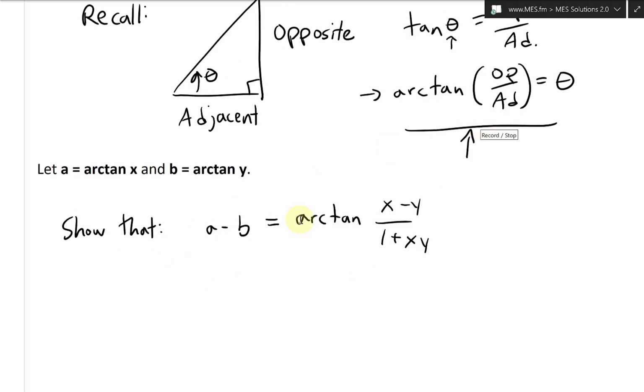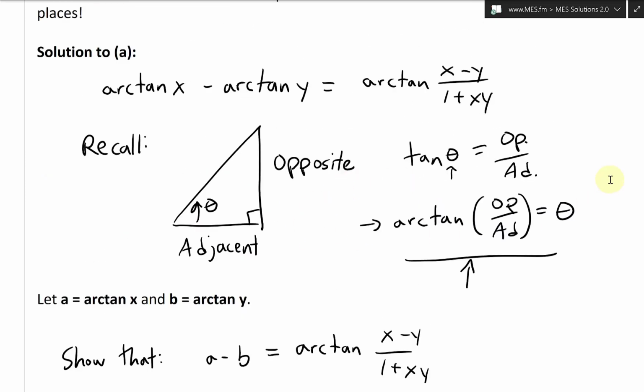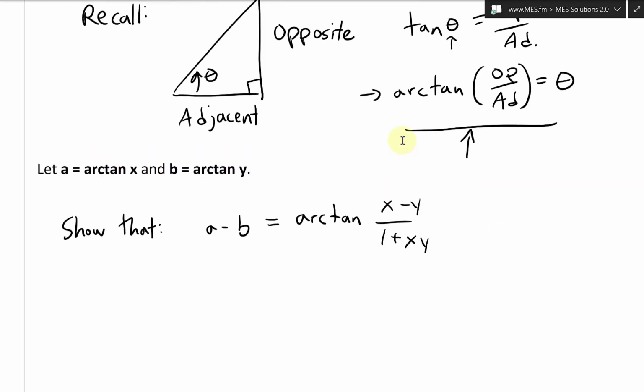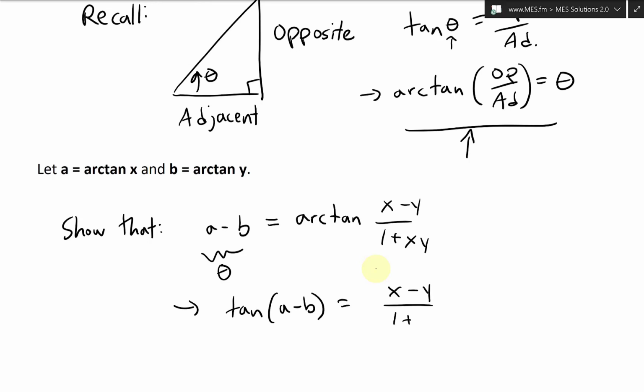And now if we compare what we're asked to show with this right here, we could see that the arctan of the opposite over adjacent is theta, so this is equal to our theta. And similarly, you could write this trig identity as tan of (a minus b) equals (x minus y) over (1 plus xy), where that is theta.